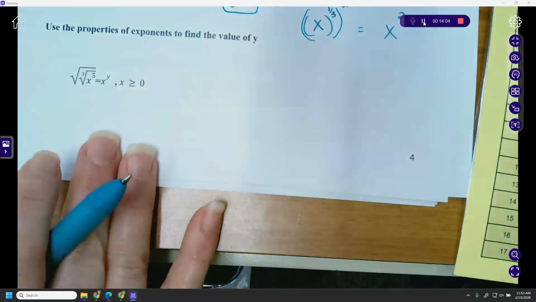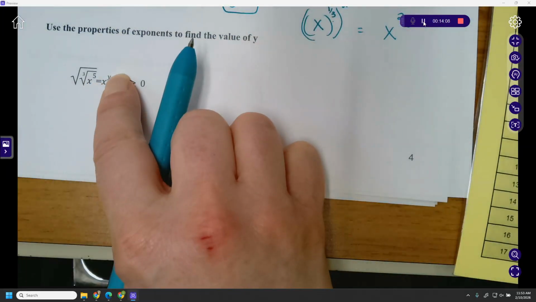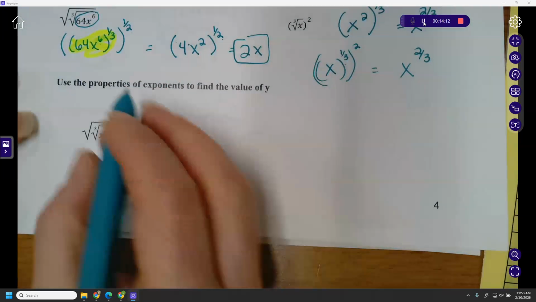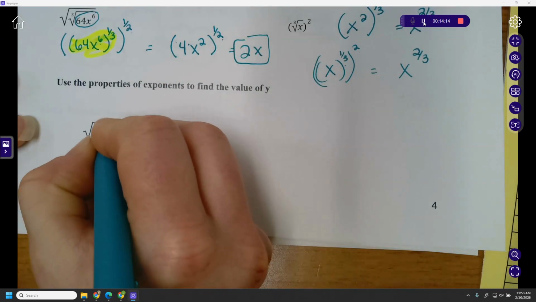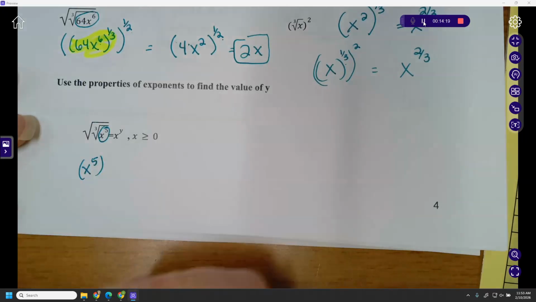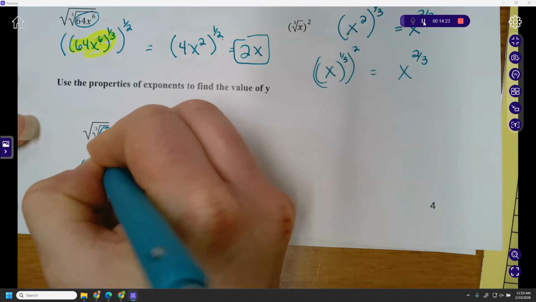You also are going to see some things today on your homework where I ask you just to write it as an exponent again, where you're not going to have any numbers to simplify. So I start on the inside with my x to the 5th, and I move out and I see that's a cubed root. What exponent is that? Well, it's the 1/3, you say.